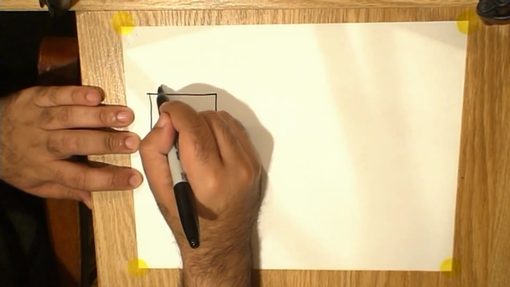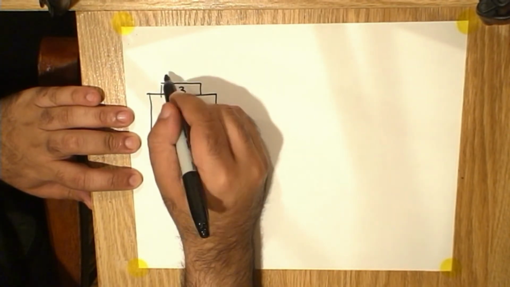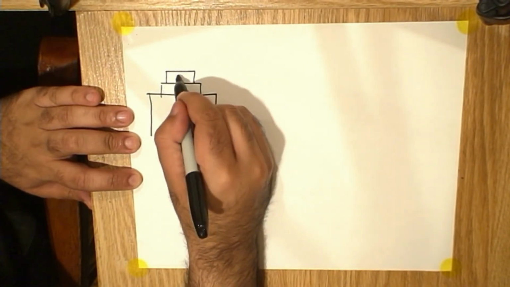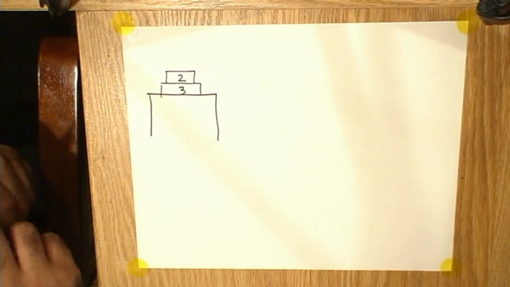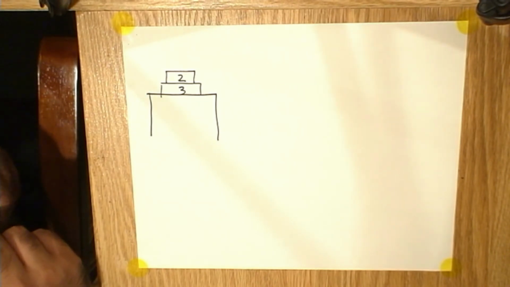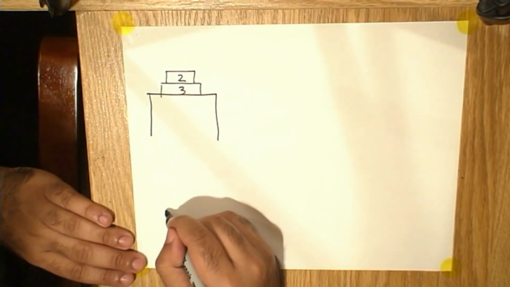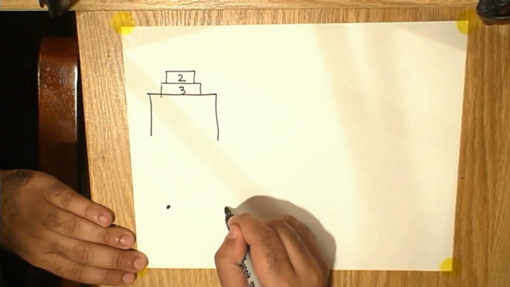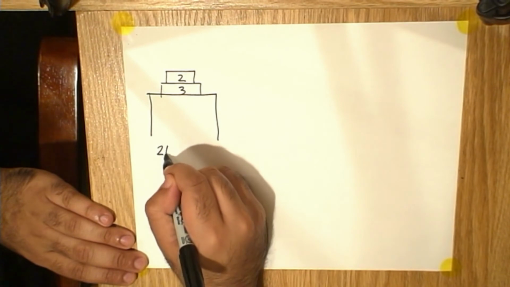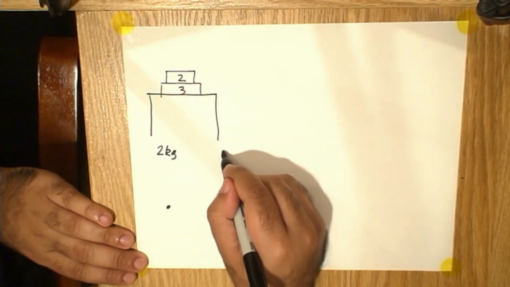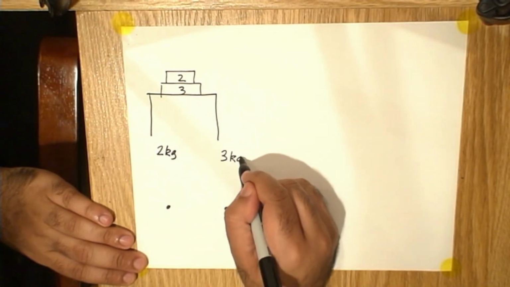Here's a table. We have a 3-kilogram book, and we have a 2-kilogram book sitting on top of it. So we'll start by drawing our free body diagrams, plural, because we have two different objects. We have the 2-kilogram object, and we have the 3-kilogram object.